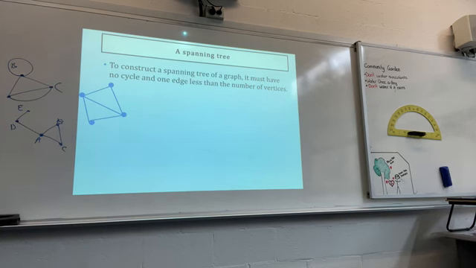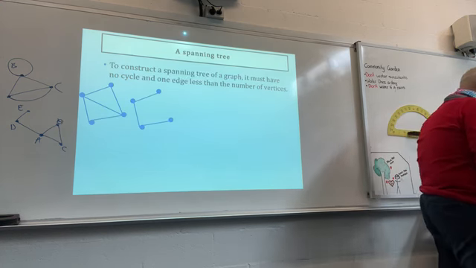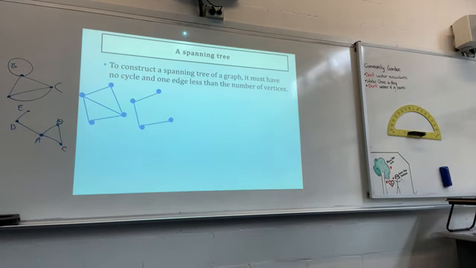If I've got four vertices in this case, I can construct a subgraph, and it will be a spanning tree, and it must have one edge less than the number of vertices. And make sure that there's no cycle, no loop. So constructing, I can try with that. Is that a tree? Yeah?